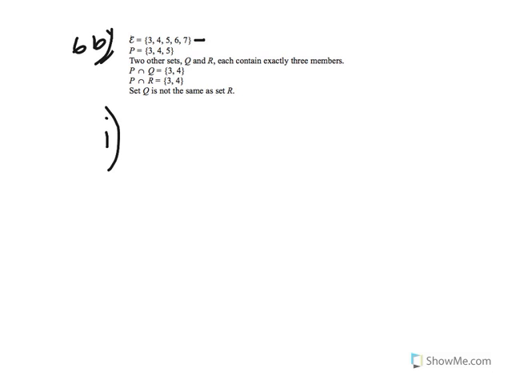This gives you the numbers in set P. This tells you that sets Q and R contain exactly 3 members. P intersect Q is 3 and 4, meaning Q and P have the numbers 3 and 4 in common. And P intersect R has the numbers 3 and 4 as well. And it says that set Q is not the same as set R, meaning it can't be exactly the same. They can have some common overlapping features, but they cannot be the same.